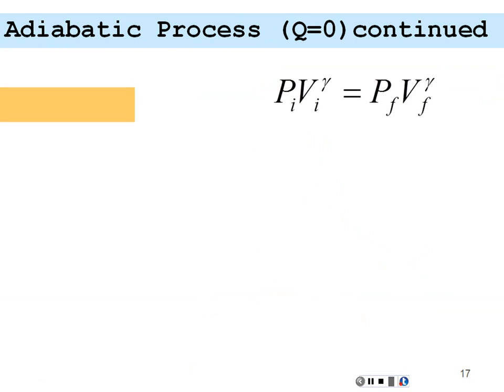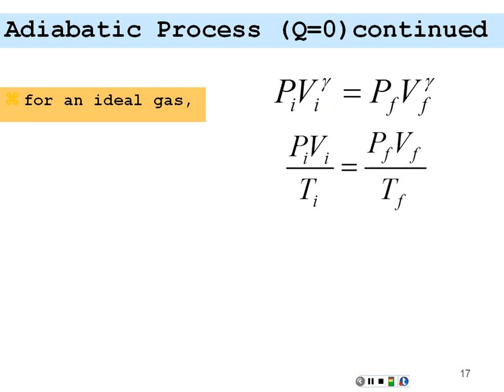So for adiabatic processes of an ideal gas, P initial V initial to the gamma is equal to P final V final to the gamma. We also know for our ideal gas, we have the ideal gas law: P initial V initial over T initial is a constant as well. That's equal to P final V final over T final.